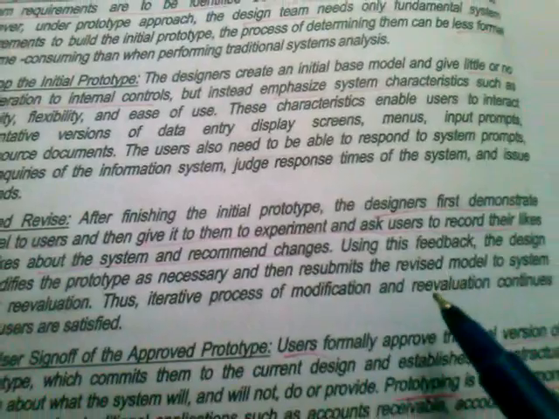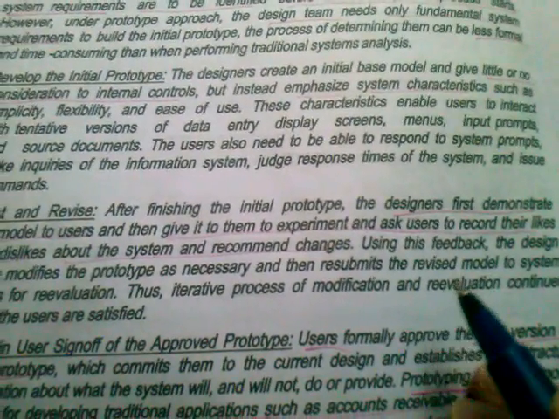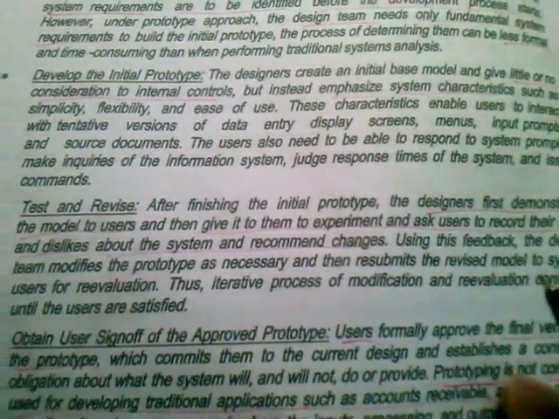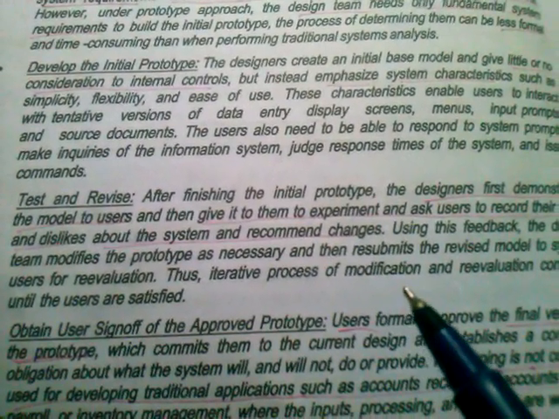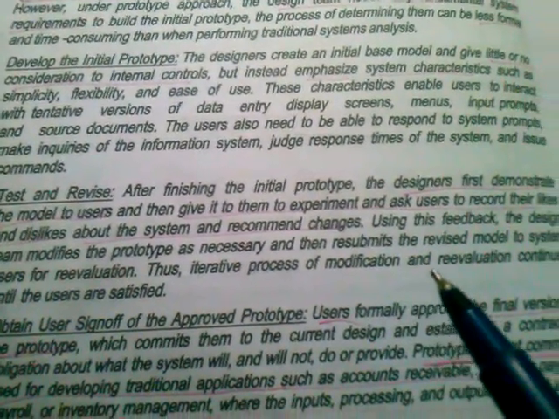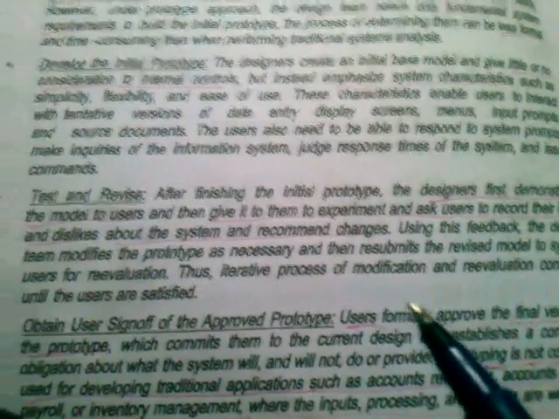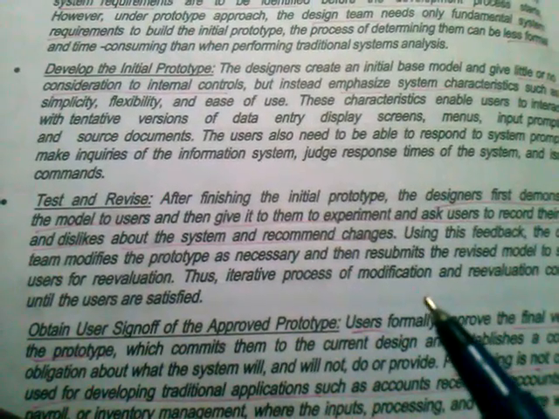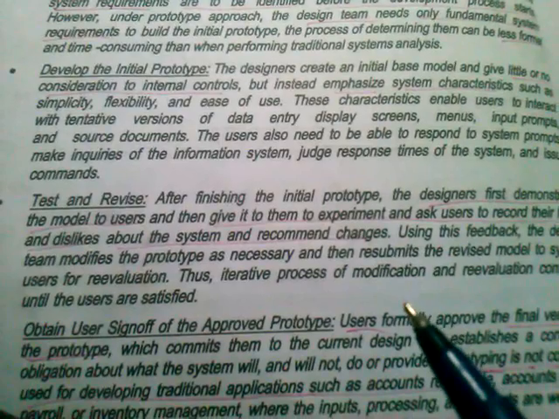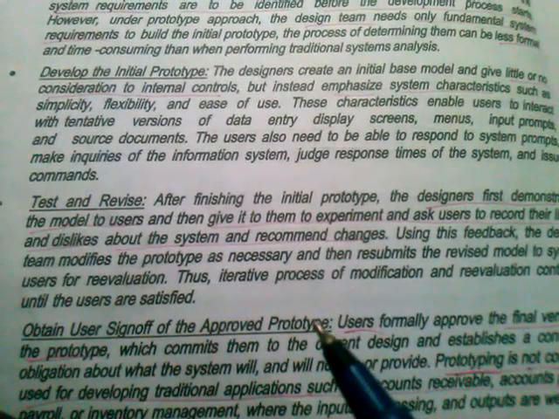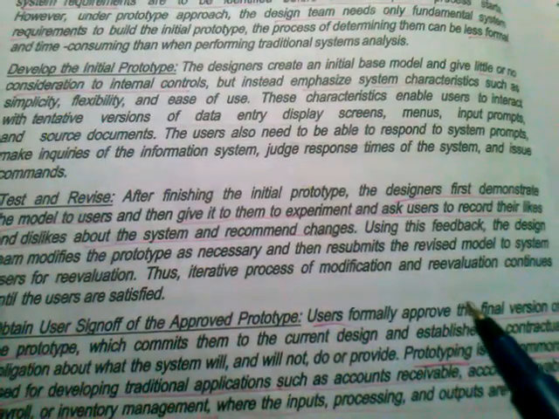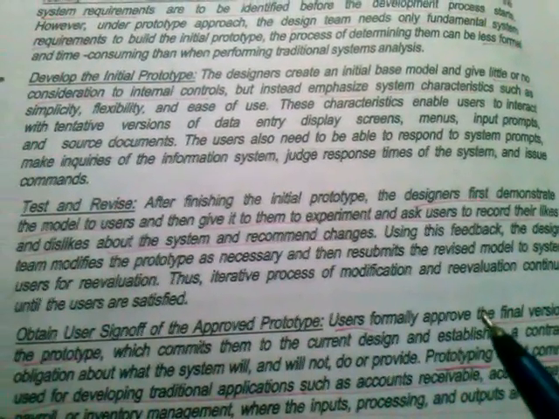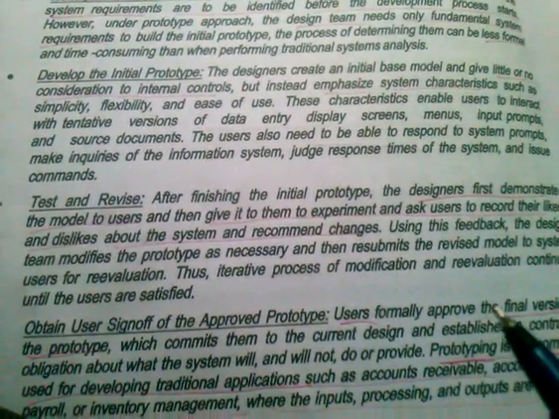Using this feedback, the design team modifies the prototype as necessary and then resubmits the revised model to system users for re-evaluation. Thus, the interactive process of modification and re-evaluation continues until the users are satisfied.